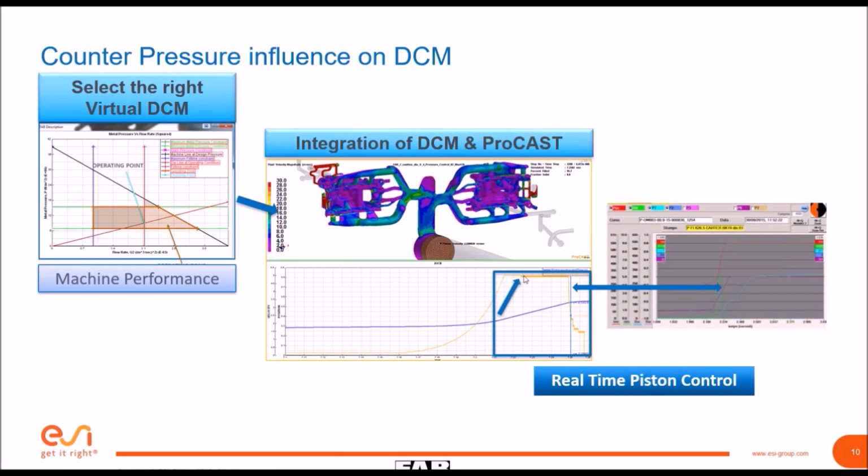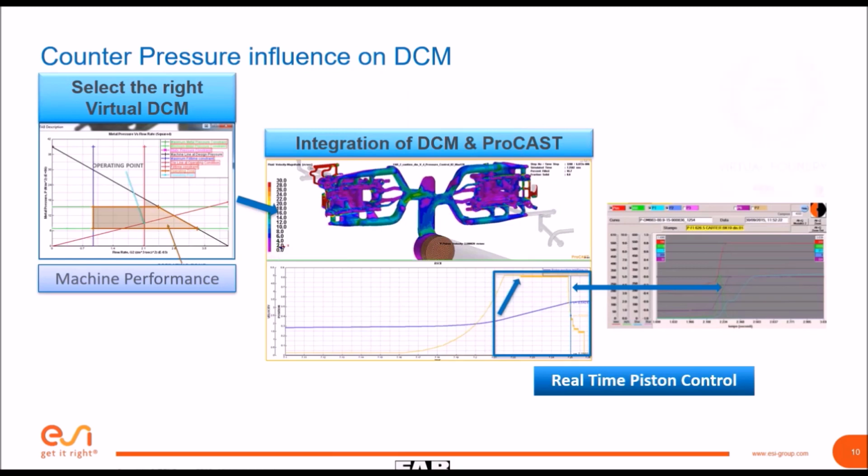We see that there is a slight change simply because the pressure is increasing beyond the maximum power available on the machine, and after a certain time the velocity of the plunger drops down its speed exactly like on the machine, which is nothing but a real-time piston control, just to be able to achieve a very precise injection sequence during the simulation.